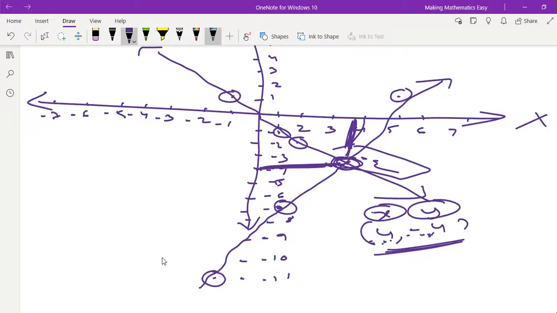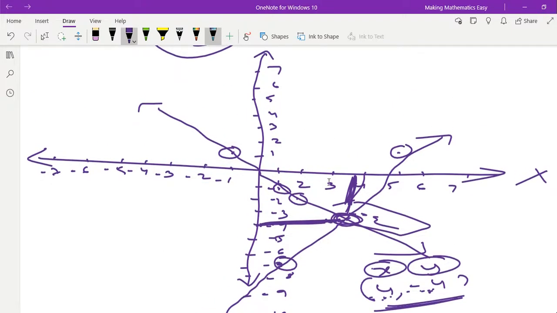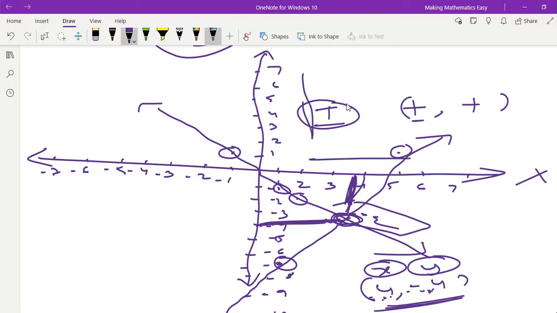One thing you should remember in a graph: this is your first quadrant, which is positive, positive, meaning x is positive and y is positive.